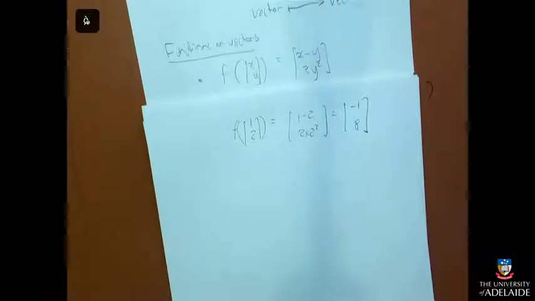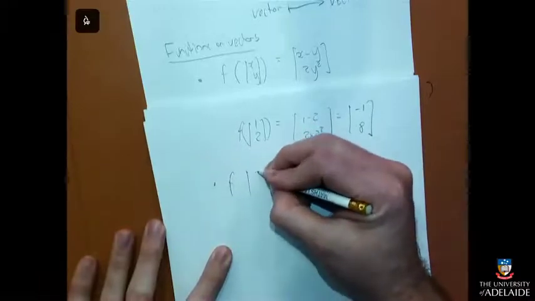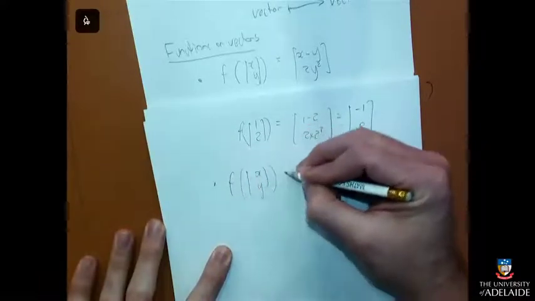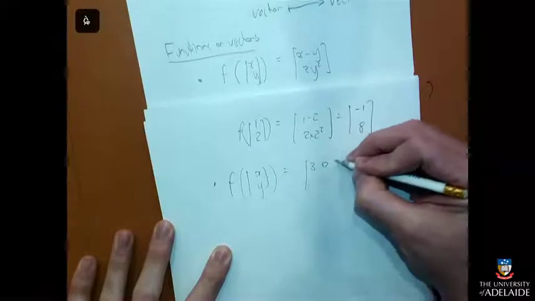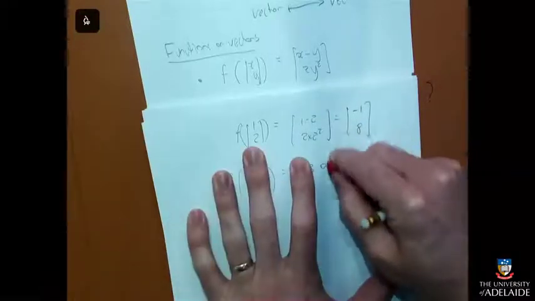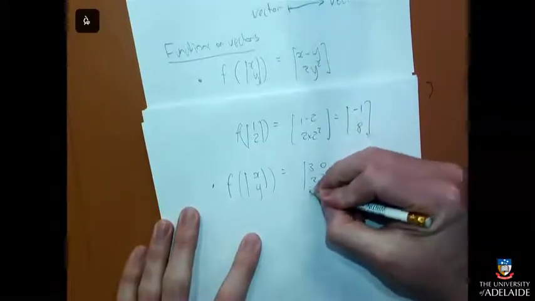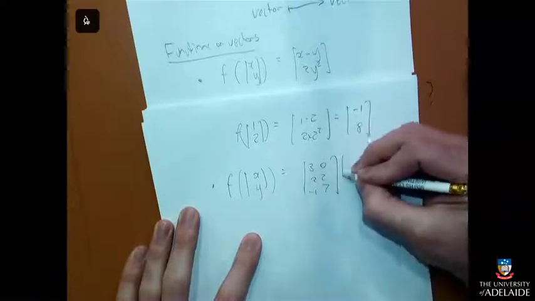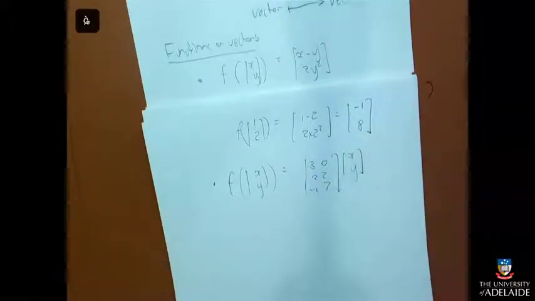Cool. And I know I can do it with matrices, right? I could go f of (x, y) is a matrix times (x, y), like that. And I could create a new vector like that.